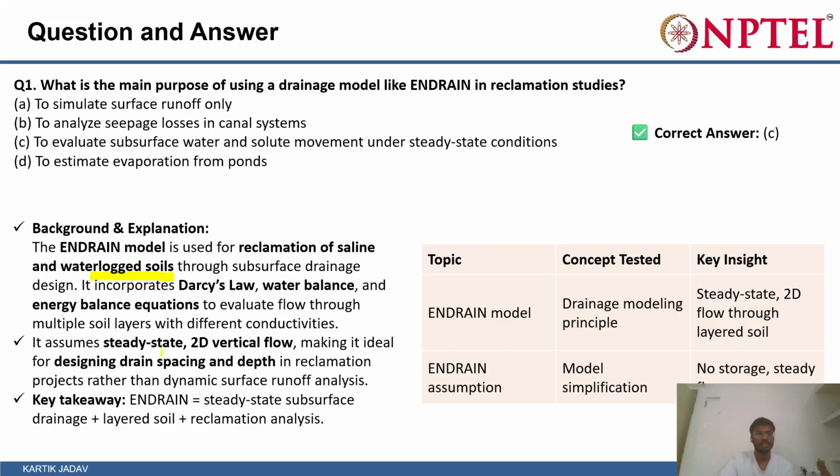It assumes steady state 2D vertical flow, making it ideal for designing drainage spacing and depth in reclamation projects. And in general, we know that it is a steady state subsurface drainage system with layered soil inclusion, and it is also beneficial for reclamation analysis.